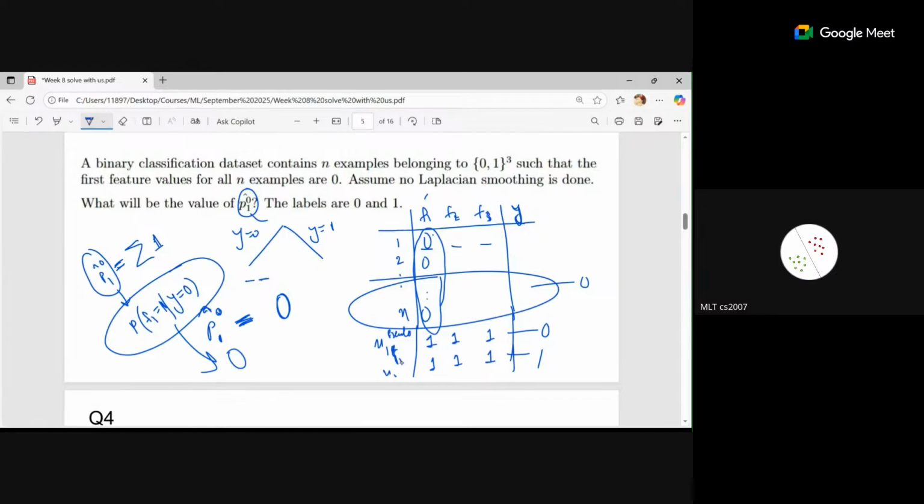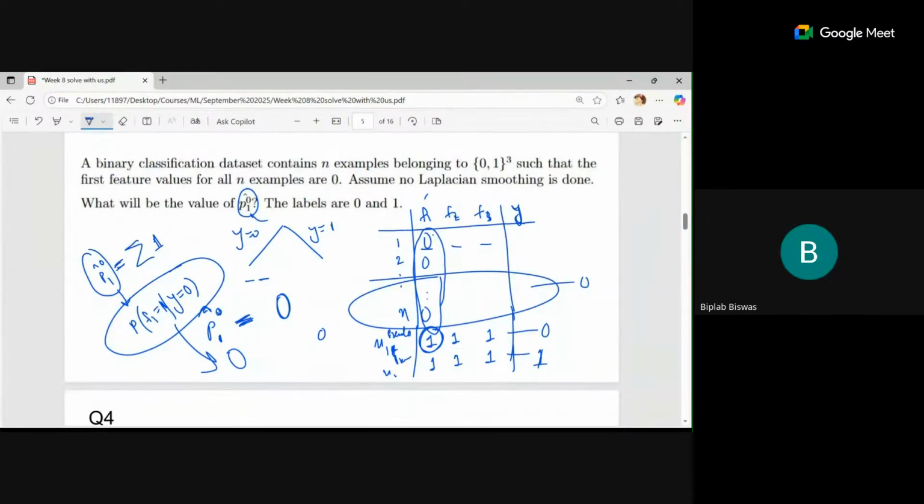Once we add this, there is at least one example which contains the feature f1. So now the probability estimate that we have is no longer 0. It will be some non-zero value. Even though it's a small probability, it is not 0.